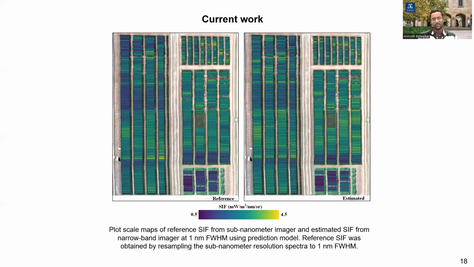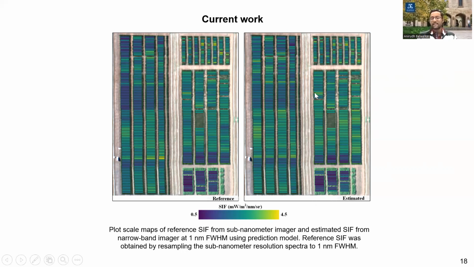And finally, a preliminary result from the scaling study, where you can see the validation of the proposed approach for scaling narrowband SIF estimates to 1 nanometer FWHM using SCOPE and machine learning methods at plot scales. The reference SIF was obtained using the simultaneously acquired sub-nanometer resolution spectra, which was resampled to 1 nanometer FWHM for comparison.